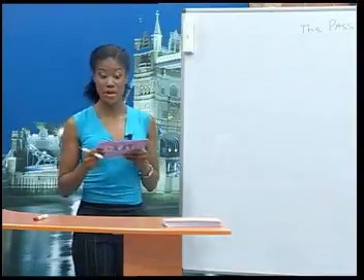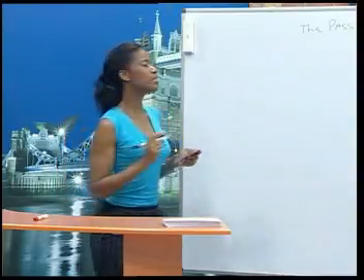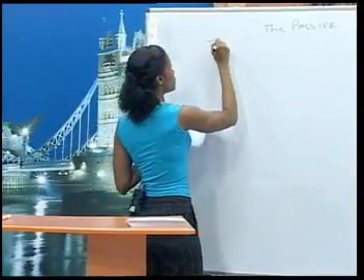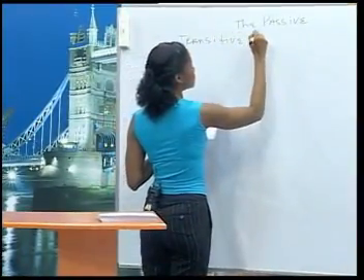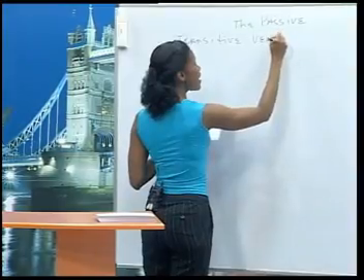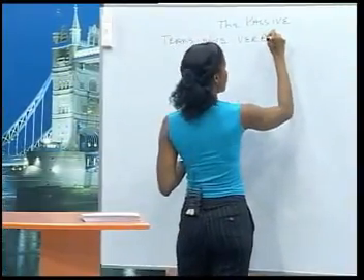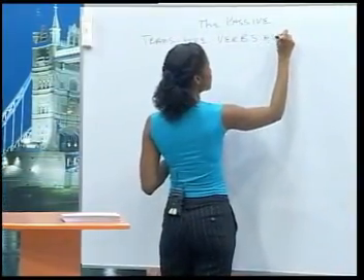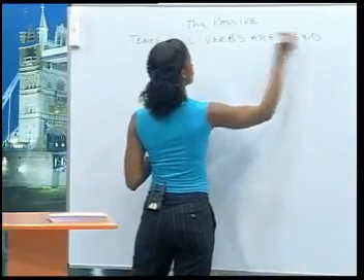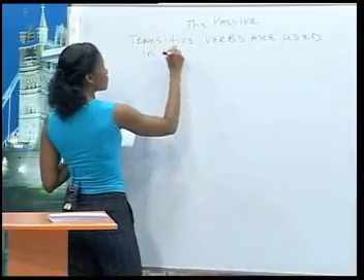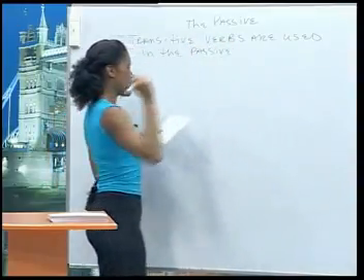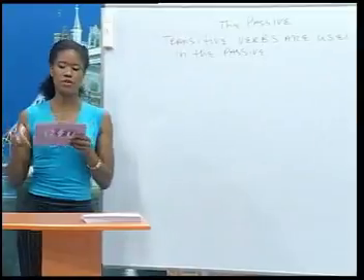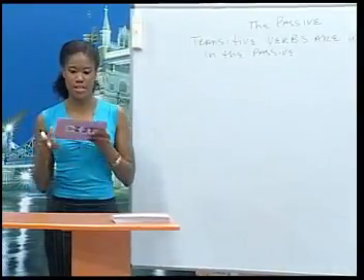Now, a transitive verb is a verb that is followed by an object, and only transitive verbs can be used in the passive. So if a sentence does not have a transitive verb or an object, it cannot be used in a passive sentence. Now, an intransitive verb is a verb that is not followed by an object.